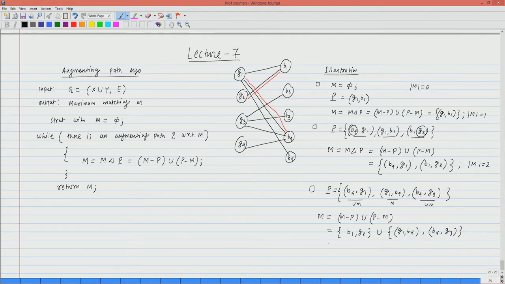Okay. So, now you can see that your matching has 3 matched edges: B1 G2, G1 B5 and B4 G3. So, what I will do is update my colors here also.